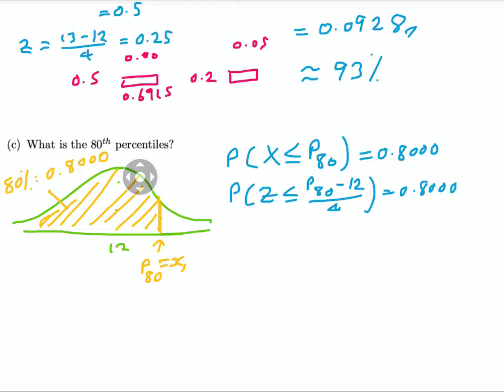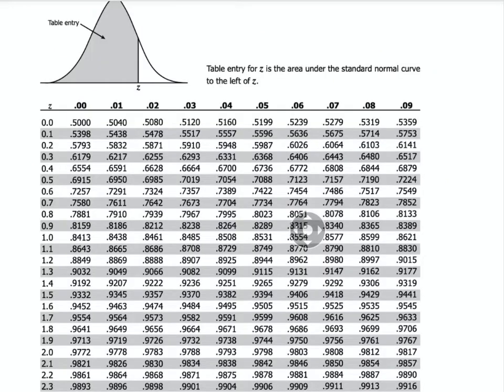Now we have to go to the z table, because here again we know the probability and we don't know something in z, or something in this bracket. Therefore, we should use the table in the opposite way. Let me explain. So this is the table.